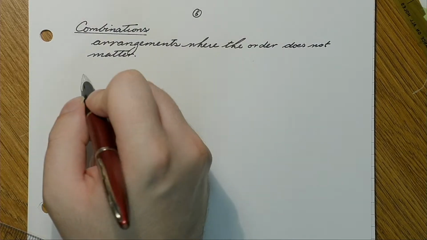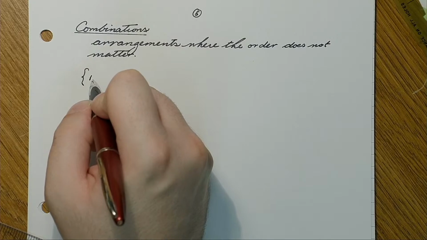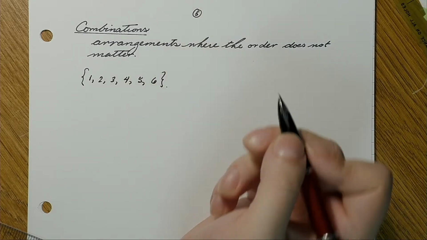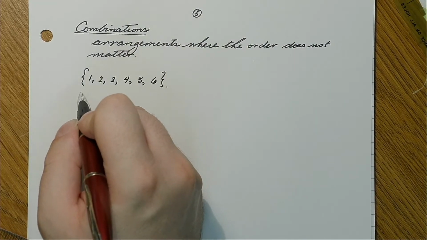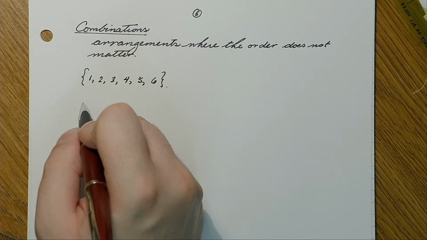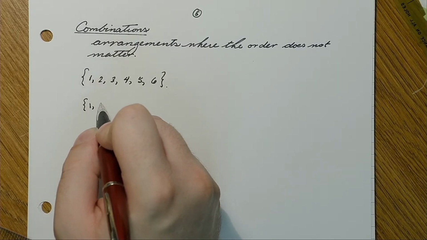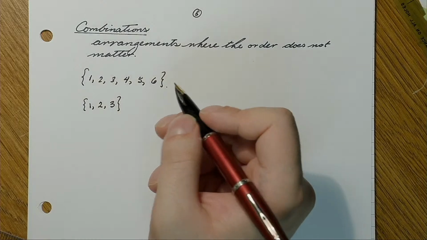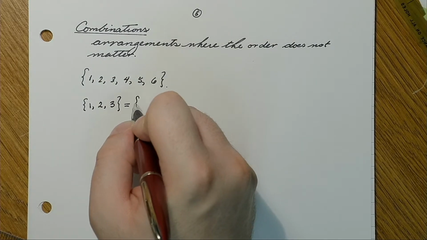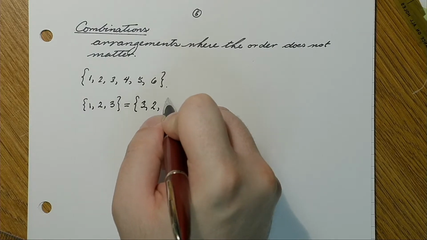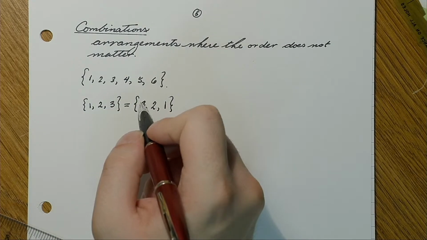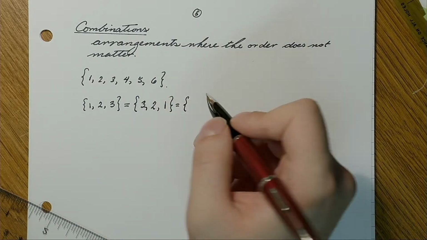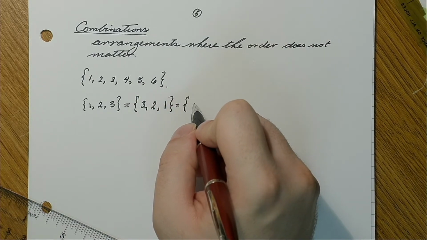For example, I could be thinking of a set, and let's say I have 1, 2, 3, 4, 5, 6, and from that I pick three of the elements. If I did 1, 2, 3, this is a subset of the bigger one. But if I write 3, 2, 1, that's the same set because they have the same elements. It doesn't matter what the order is. This is still equal.